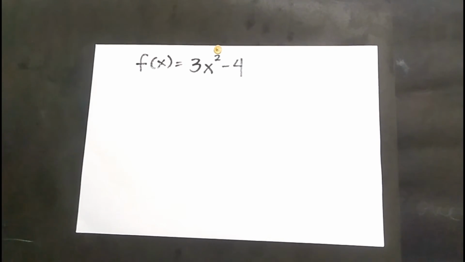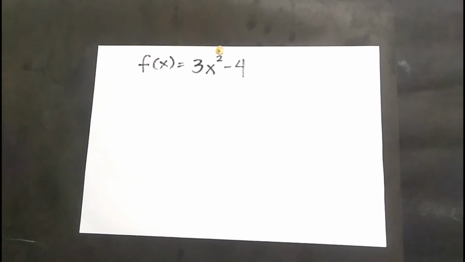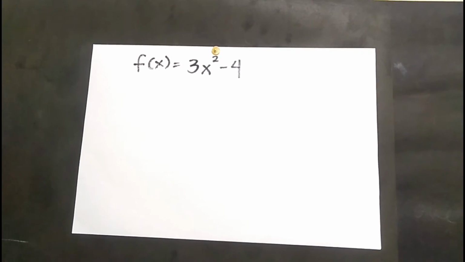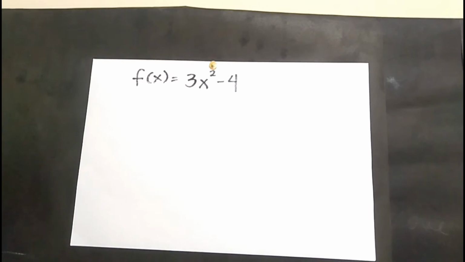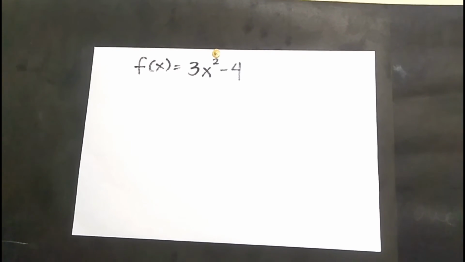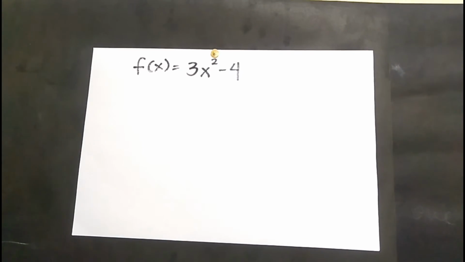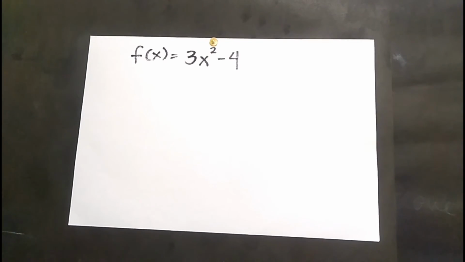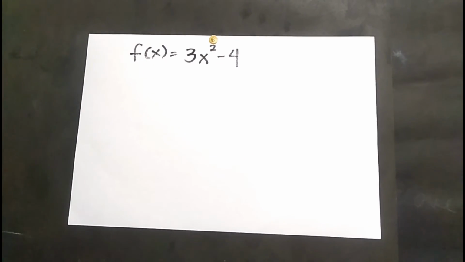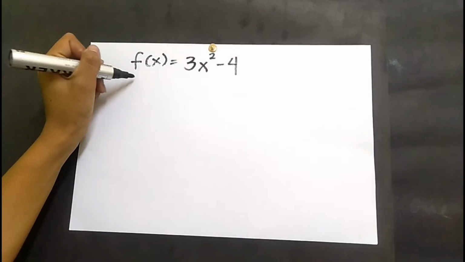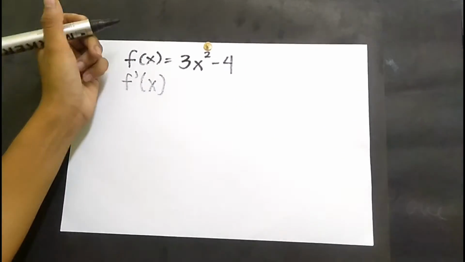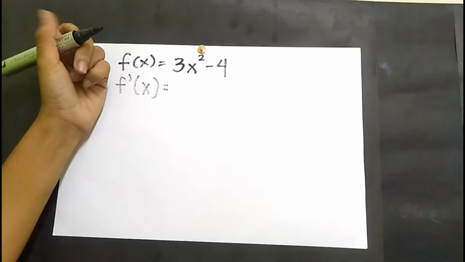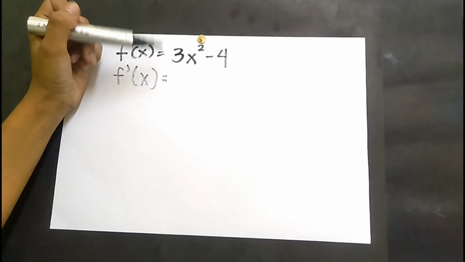And now let's talk again about the given function earlier, which is f of x equals 3x squared minus 4. The process earlier is a long method and it would take your time. So now we will teach you the shortcut. First, put the f prime of x notation. And now it is easy.